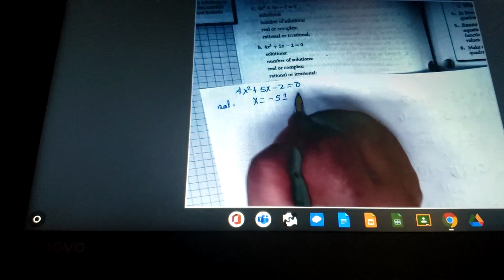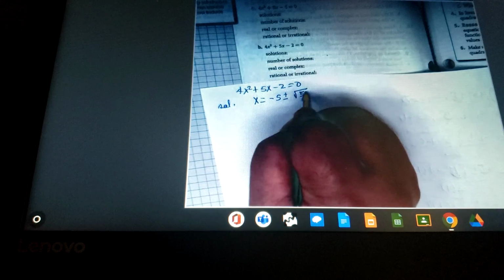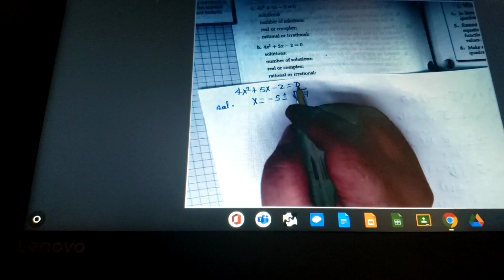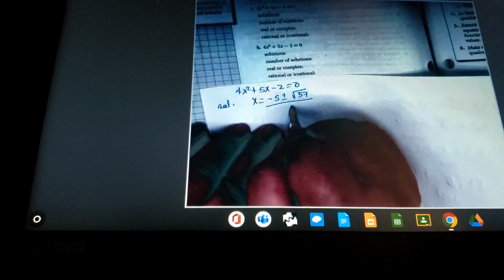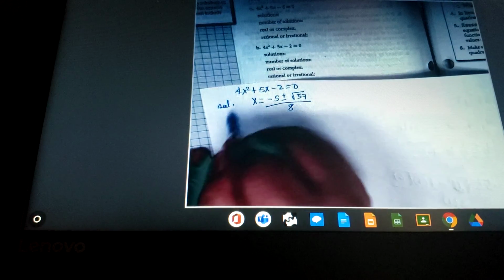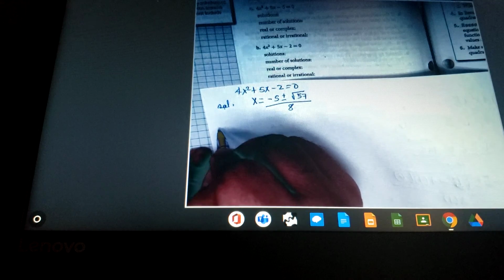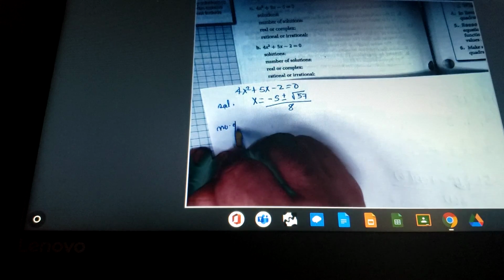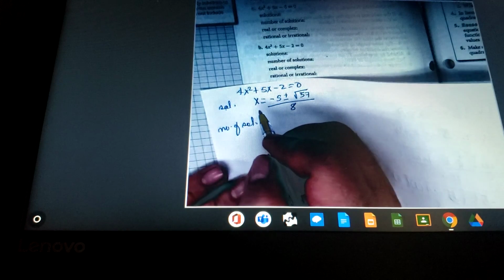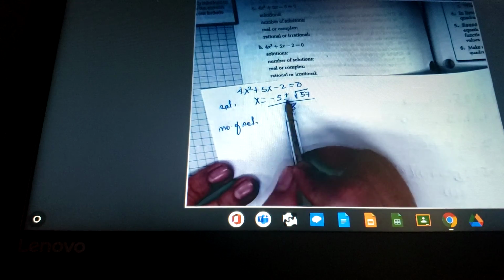Square root of 57 over 8. Over 8. That's the solution for x. How many solutions do we have? No, we have positive and negative.